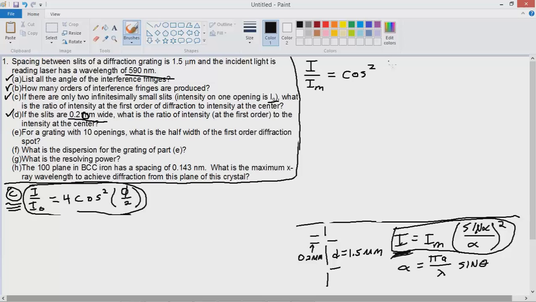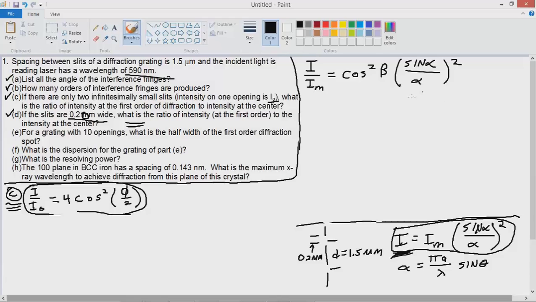I'll stick with the book's nomenclature, and you can tell that it's identical to what we had before. So that's double slit, that's 2 slits. We're on part D right now.